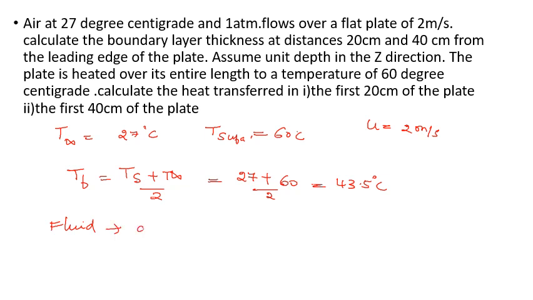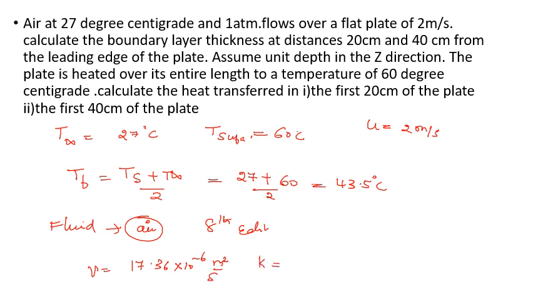As we know, we have to consider what the fluid is, that is air in this case. So properties of air are taken from the data handbook, as per the 8th edition. The values are nu, that is viscosity, 17.36 into 10 to the power minus 6 meters square per second.